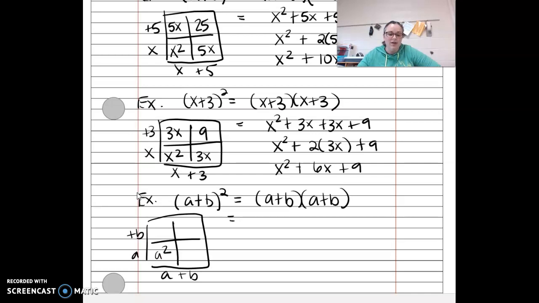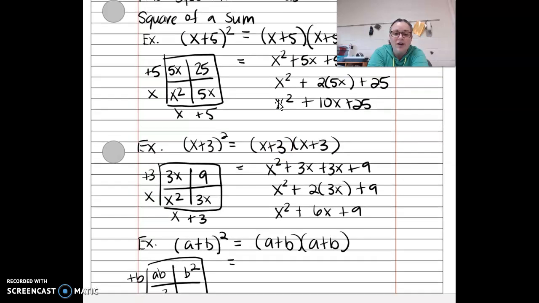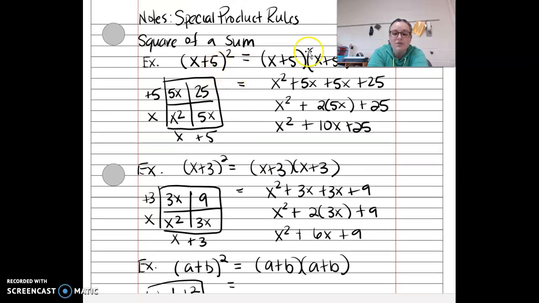So I get a squared, and then I get a times b, and then b times b is b squared. So there's another fun pattern here too. If you take a look at the top, the second term in our binomial was also squared to get the constant term at the end.